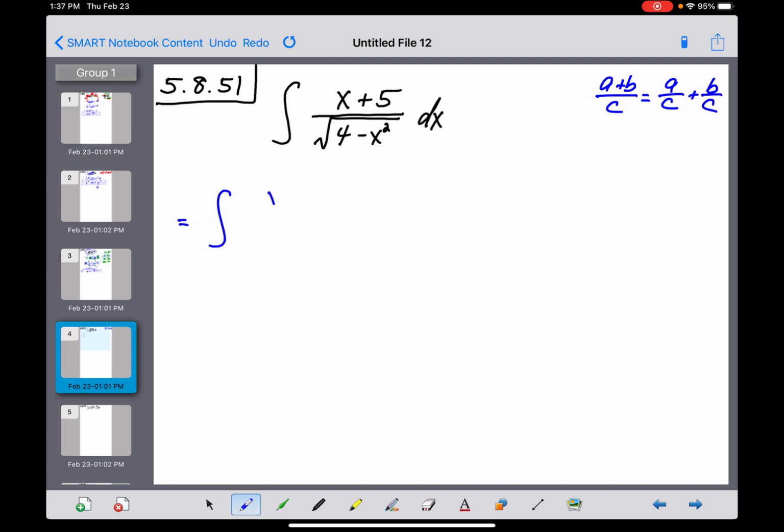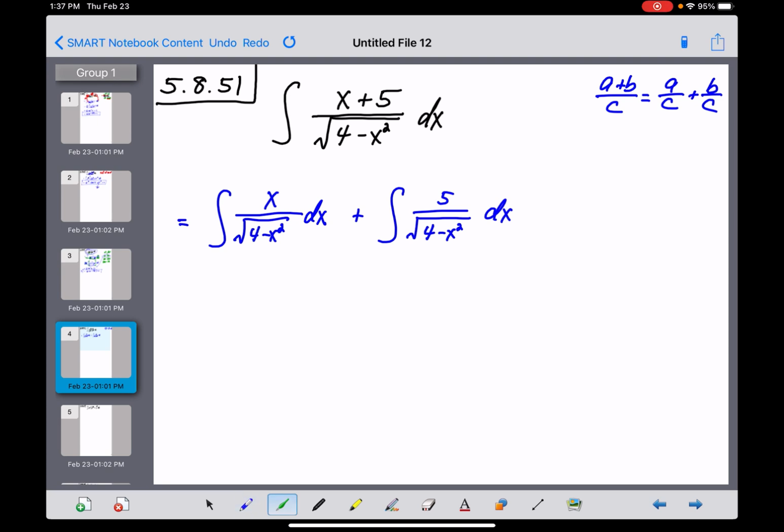We're going to make this first integral x, all by itself, the first term of the numerator over the denominator, square root of 4 minus x squared dx. And then we'll add to that a second integral, the second term of the numerator, 5, over the same denominator, the square root of 4 minus x squared dx. And now this really becomes two totally separate problems.